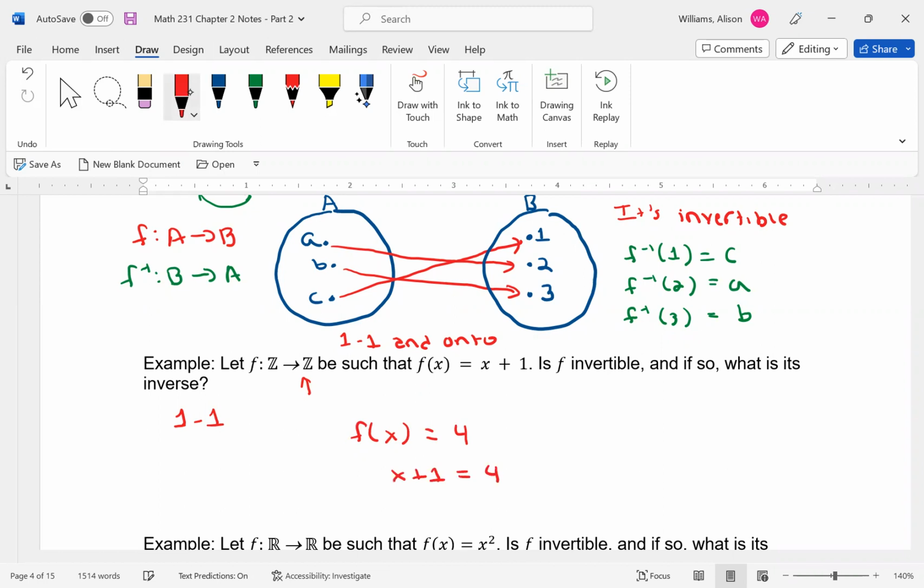I set x plus 1 equal to 4, and x equals 3. So if I plug 3 in, it goes to 4. I can do that with every integer. So this is onto. So it is one-to-one, and it is onto. So that means it's invertible.